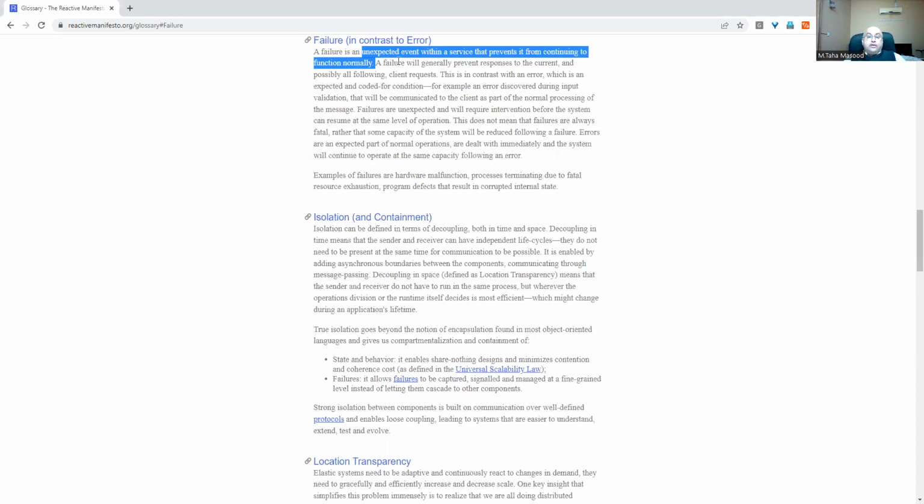Okay, see, it is defined differently. You have to pay attention to the fact that an error is different from failure, right? We'll look into it.